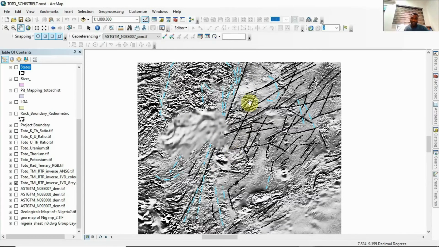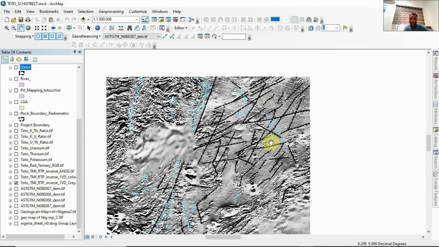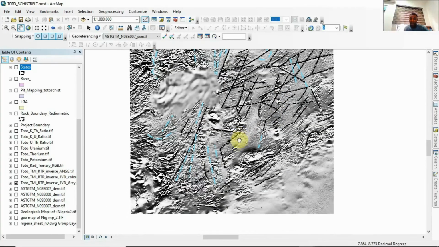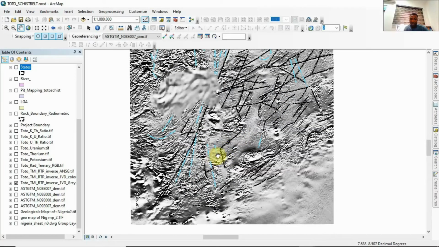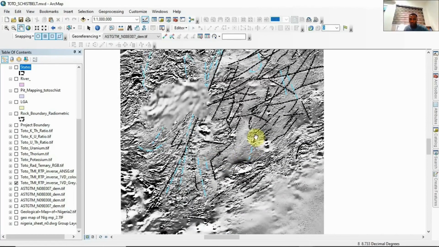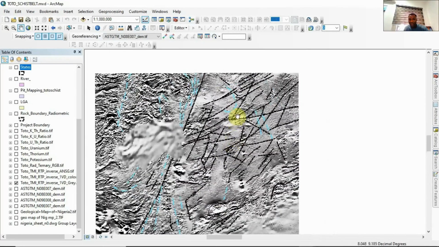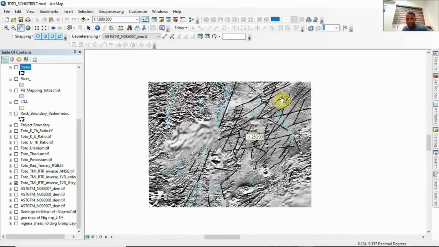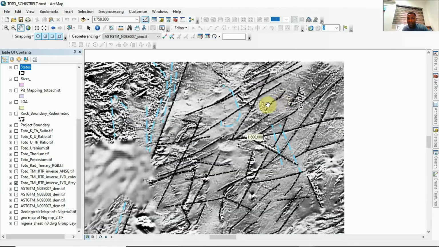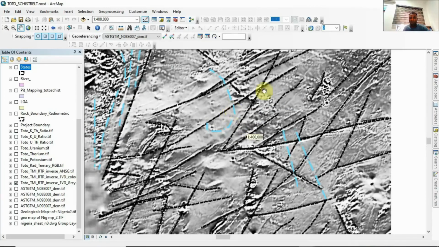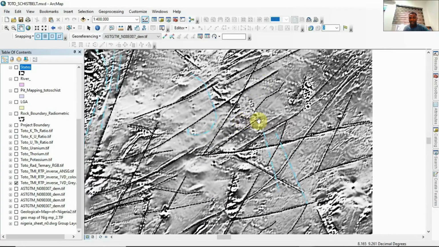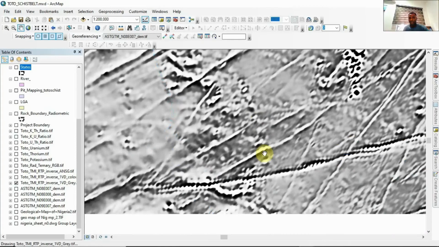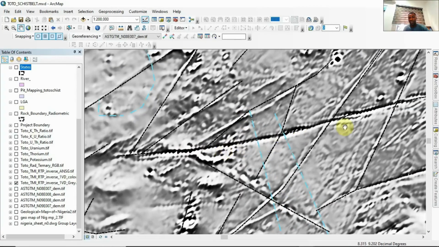Now, if you look at any of the lines that were drawn here, they were drawn with every sense that shows that yes, there is a feature we are trying to observe here. The more I zoom in, you can see that these are very clear, linear, narrow features.